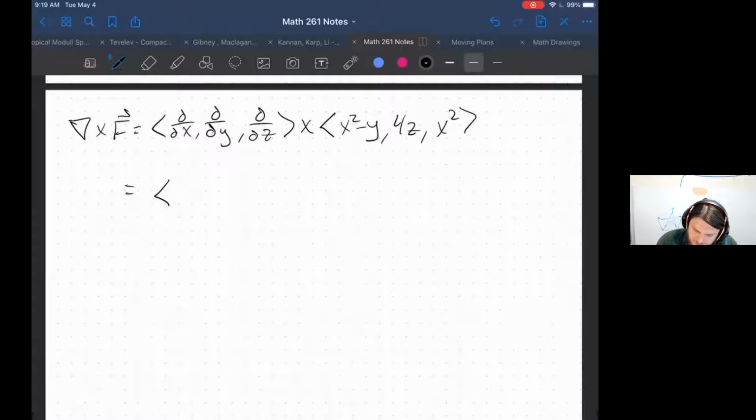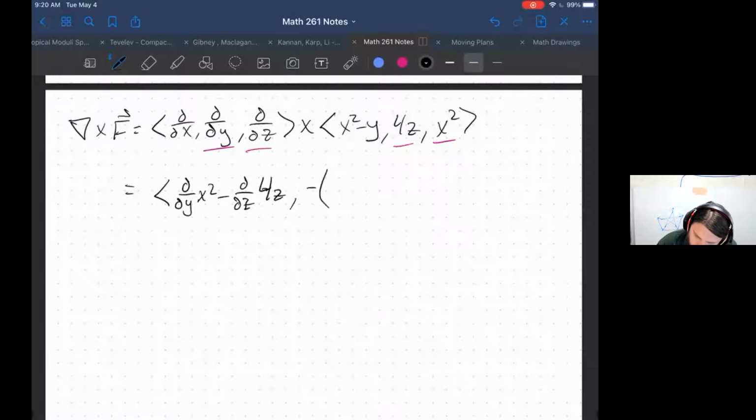Okay. So again, same sort of cross product. First component, we have del del y of x squared minus del del z of 4z, the negative out in front, del del x of x squared minus del del z of x squared minus y.